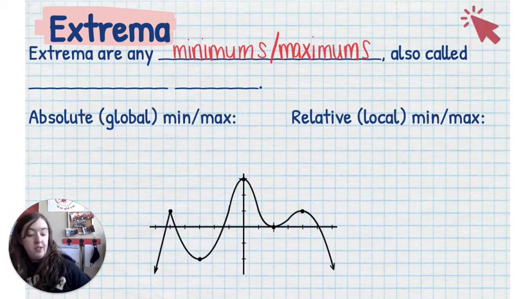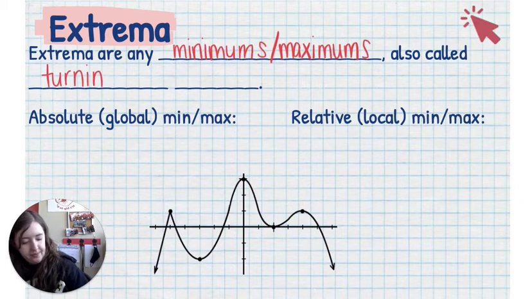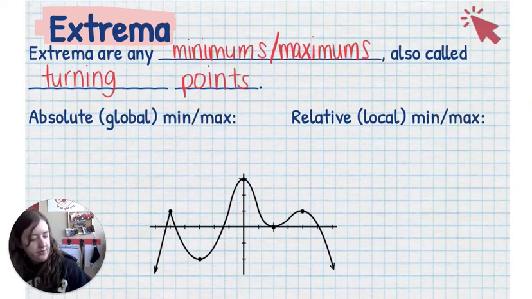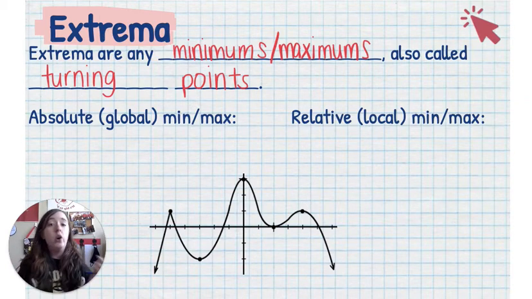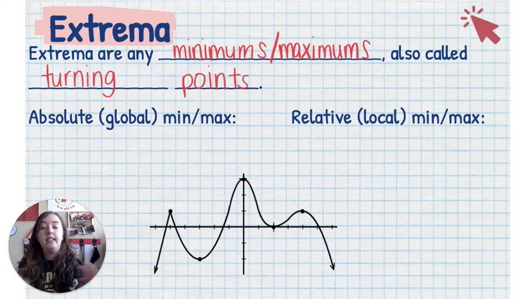A lot of times we refer to these minimums and maximums as turning points. So there are two different types of extrema. There are absolute or global extrema, which means that is the maximum or the minimum over the entire graph.